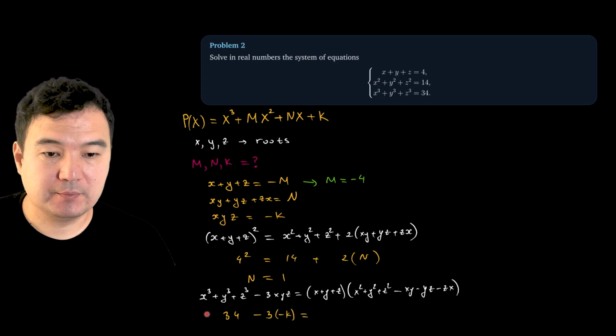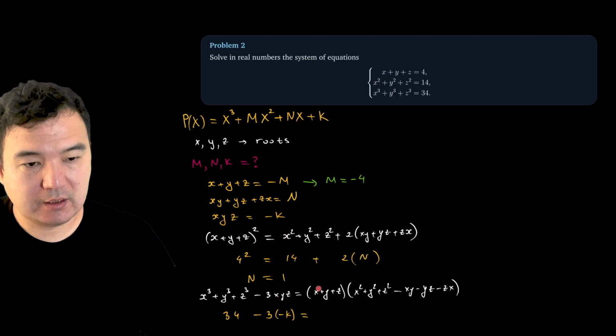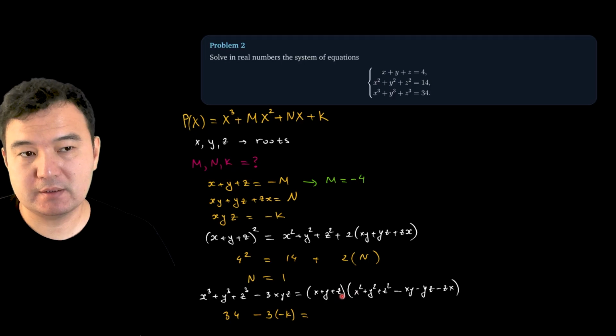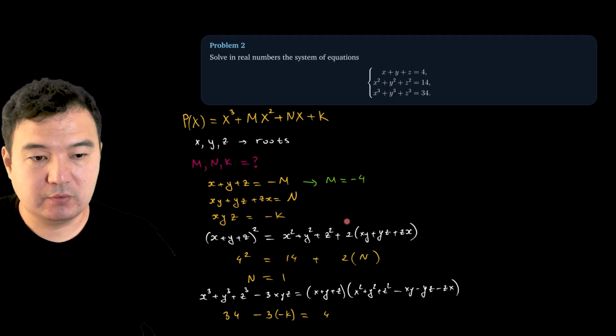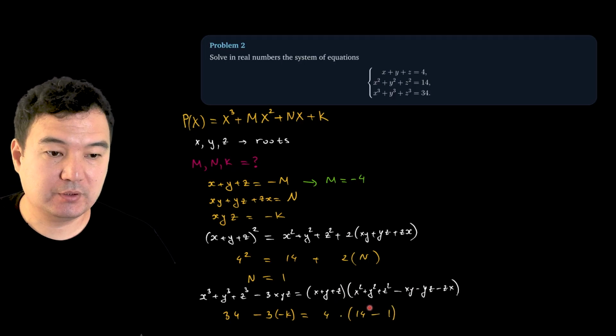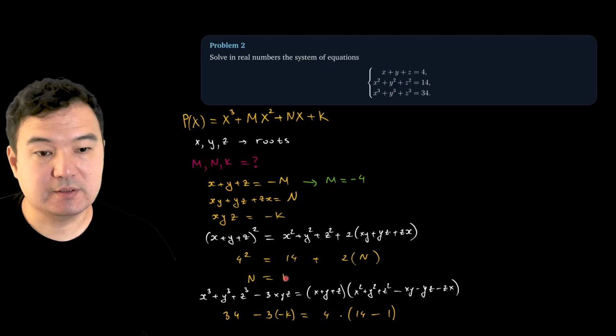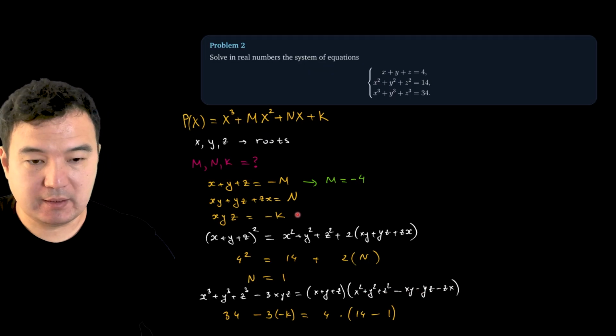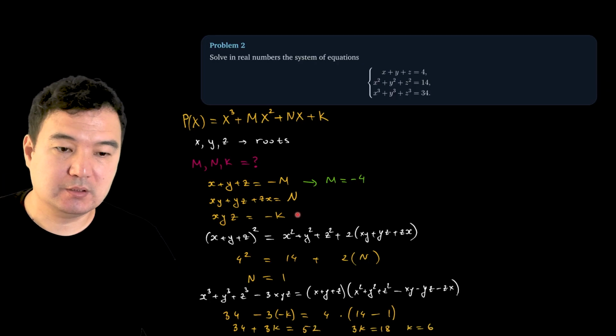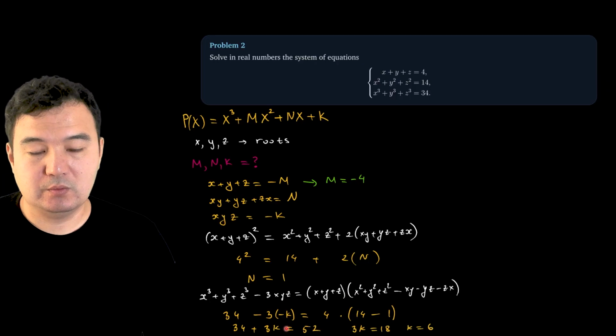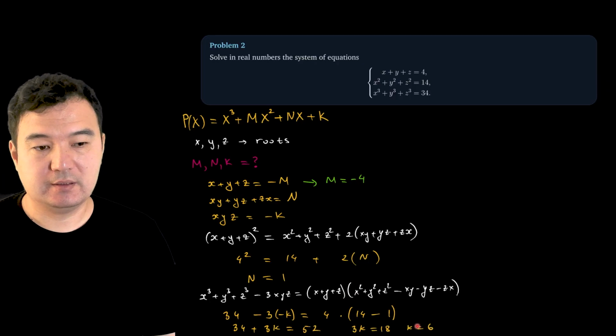We have 34 for the sum of cubes, minus 3 times xyz, which is minus k. On the other side, x plus y plus z is 4, times 14 minus 1, since n is 1. Again, this is a very simple equation. We can just simplify and find that k is 6.